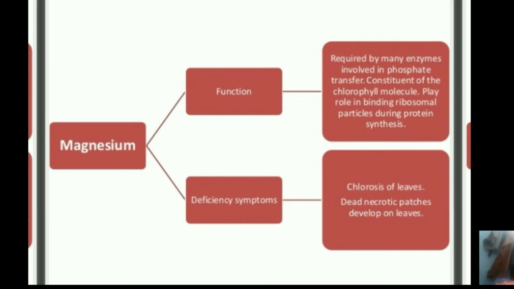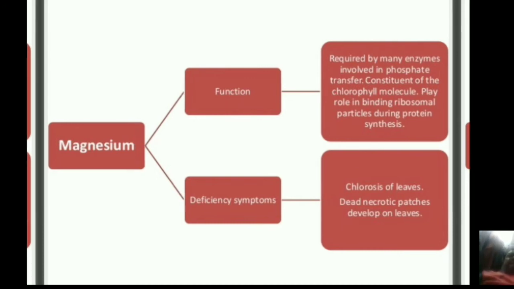Constituent of the chlorophyll molecule, plays a role in binding ribosomal particles during protein synthesis. So deficiency symptoms of magnesium: chlorosis of leaves and dead necrotic patches develop on leaves.